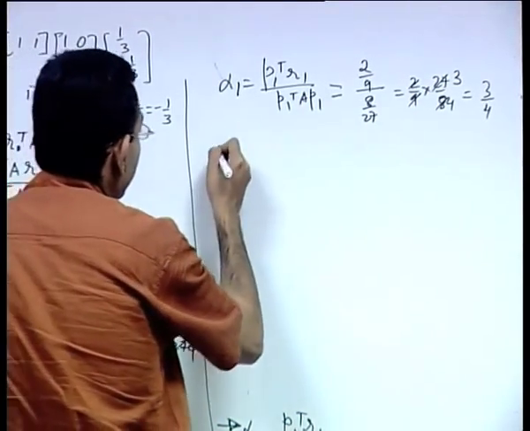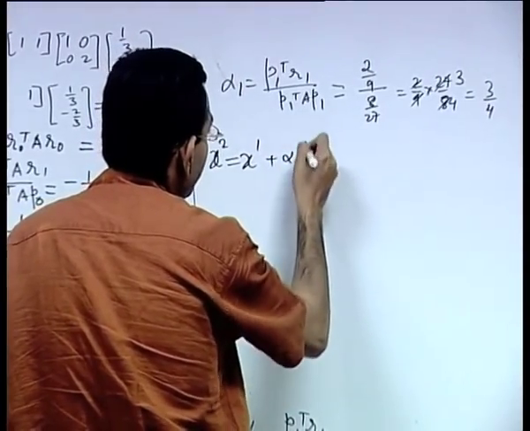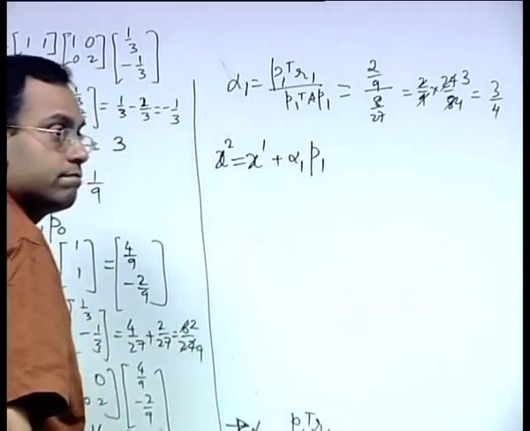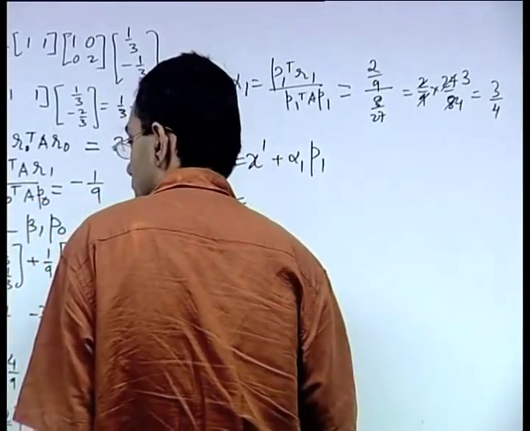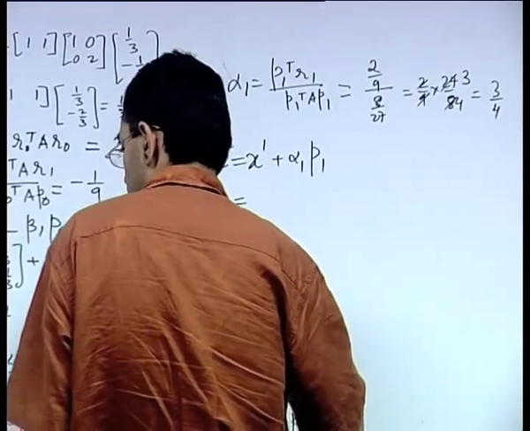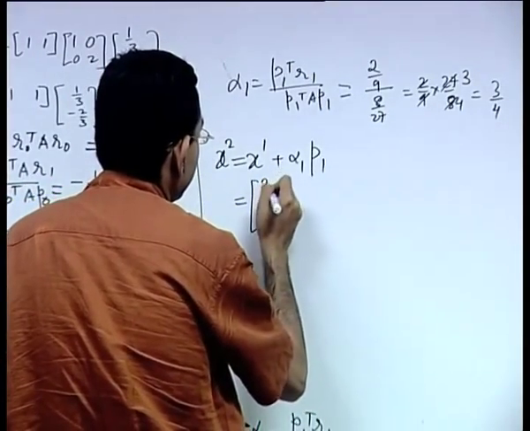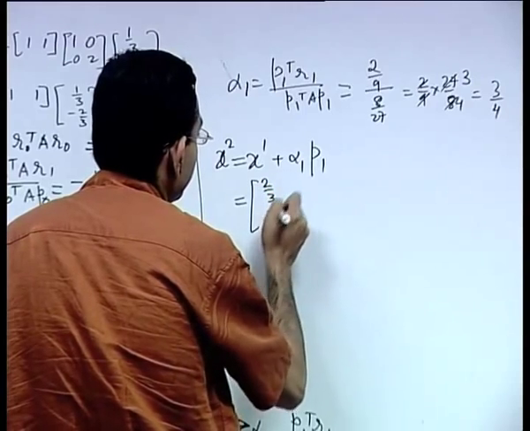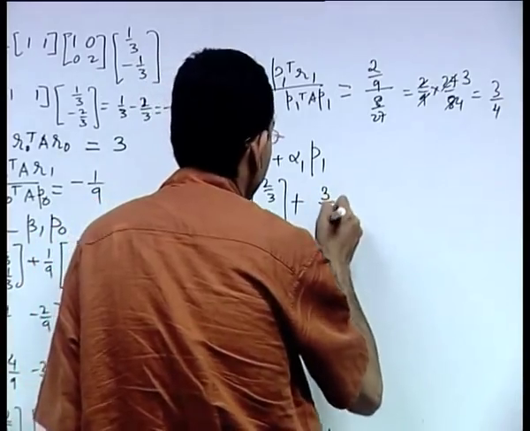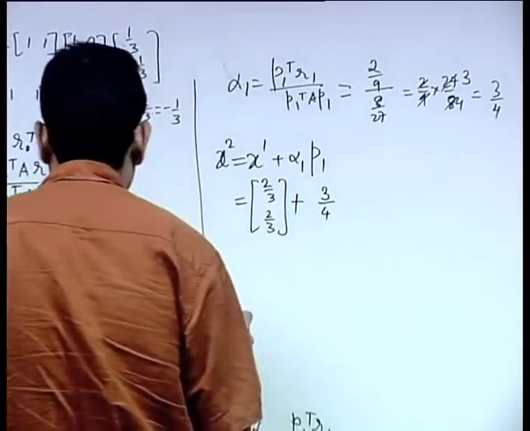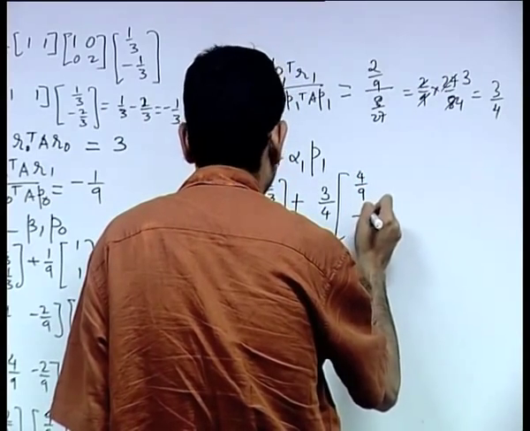So x2 is x1 plus alpha 1 P1. What was x1? x1 was 2/3 and 2/3, plus alpha 1, that is 3/4, into P1, 4 by 9, minus 2 by 9.